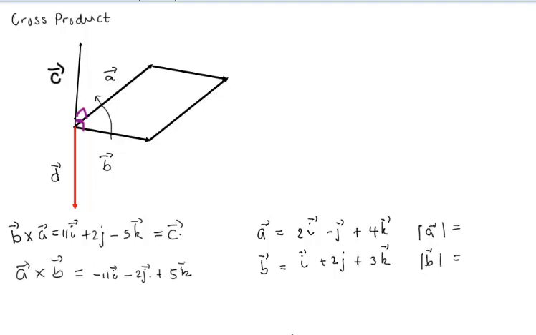What does it represent? The length of the side of a parallelogram. You get the magnitude of A, we've got a parallelogram, what does it represent? It represents the length of the side of a parallelogram. Do you agree? Okay.